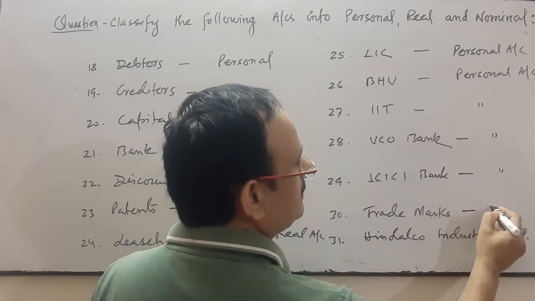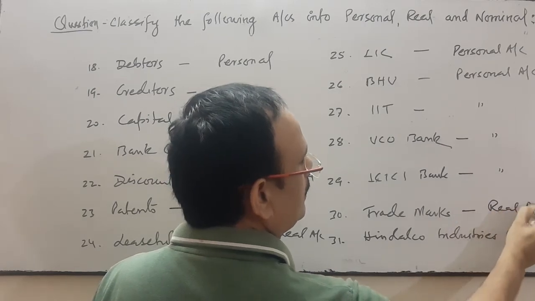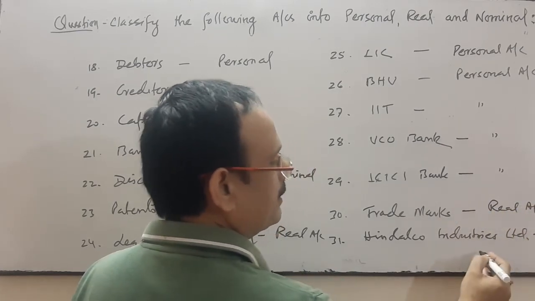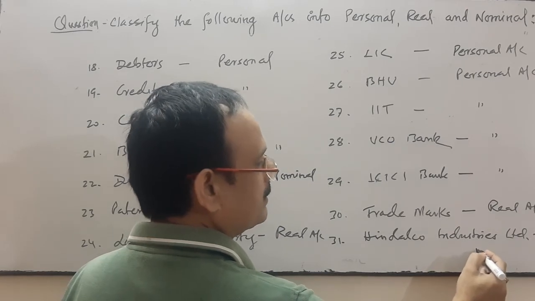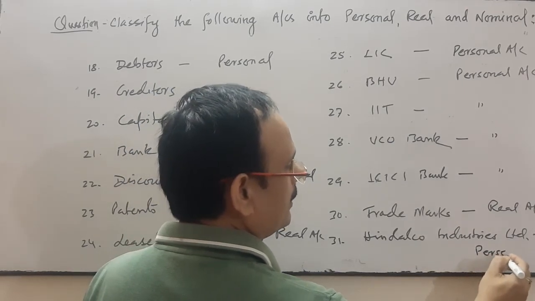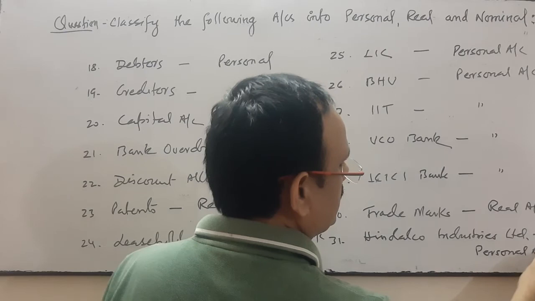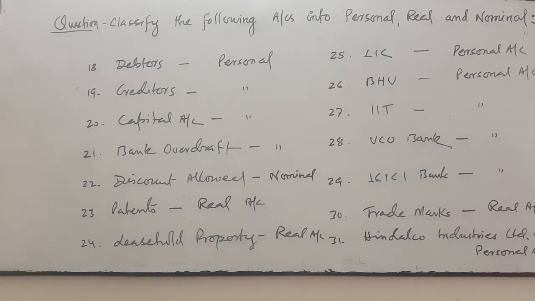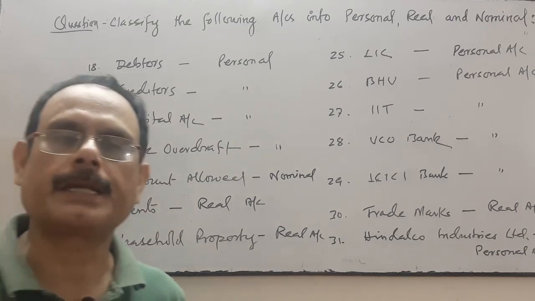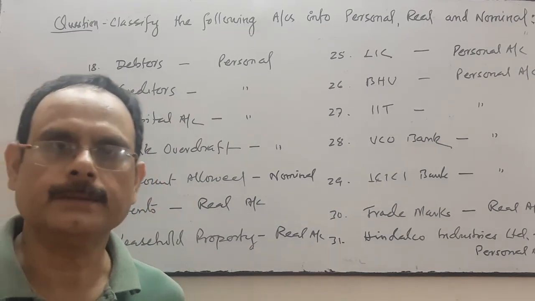Trademark is an asset, comes under real account. Hindalco Industry, artificial person, personal account, created by company law. So classify the following under personal, real and nominal. Is it clear? Okay.